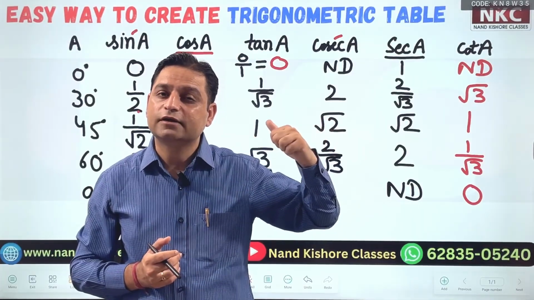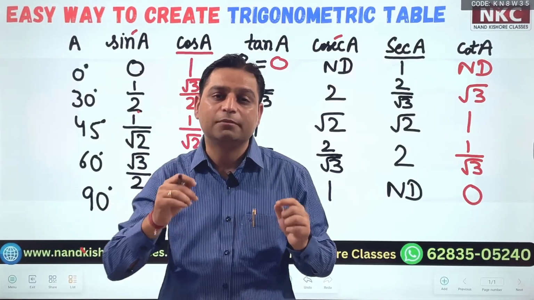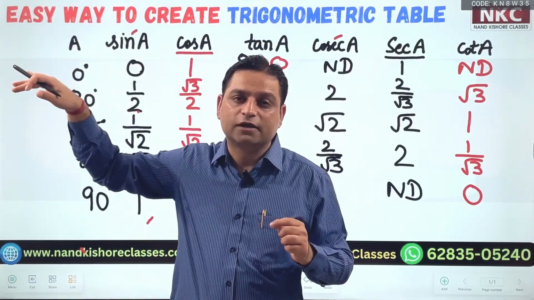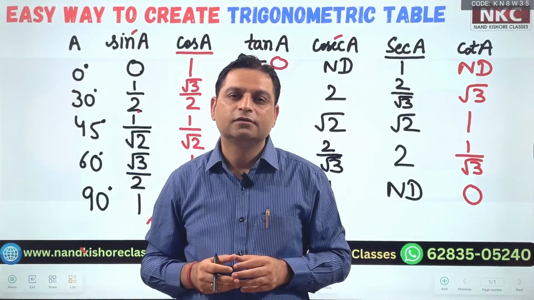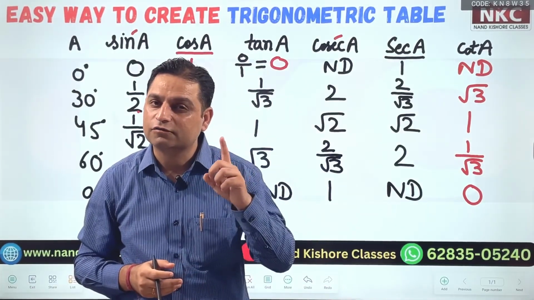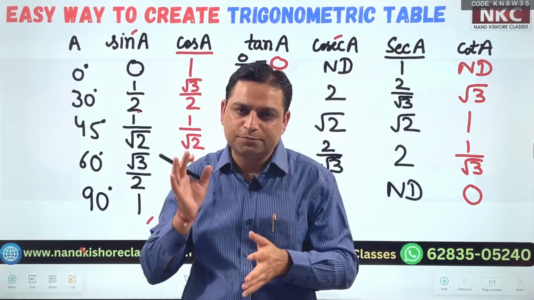Cos 60 has exactly the same value as sine 30. Now do remember it. Second position of sine means second last position of cos. The second position of sine, sine 30, was 1 by 2. That means cos 60 is 1 by 2. A little bit of dodging practice is required.